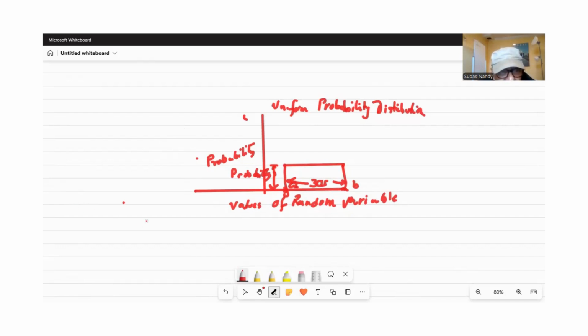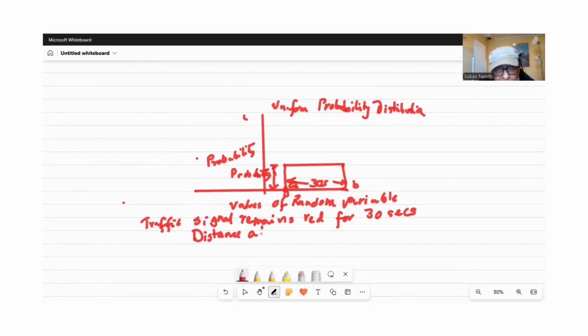So the traffic signal remains red for 30 seconds. So distance AB is 30 seconds. S is for seconds. So the question is, what is the probability?